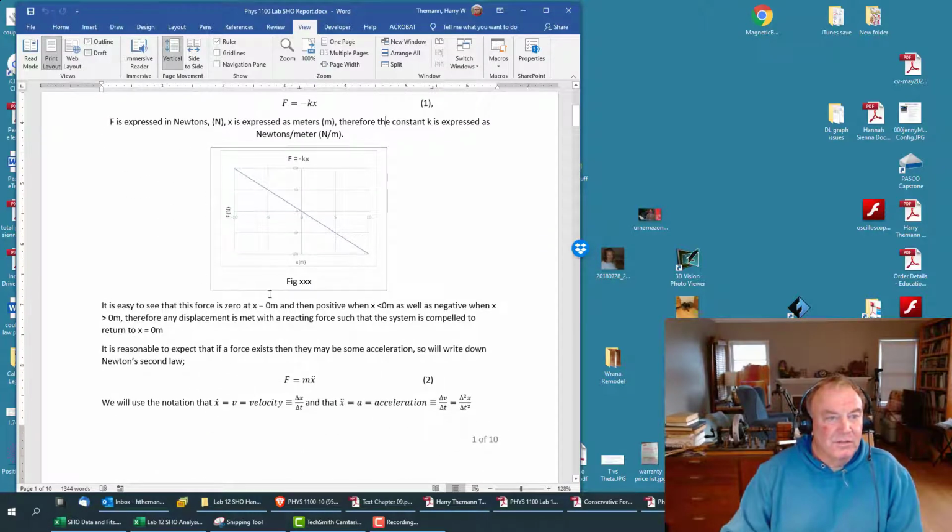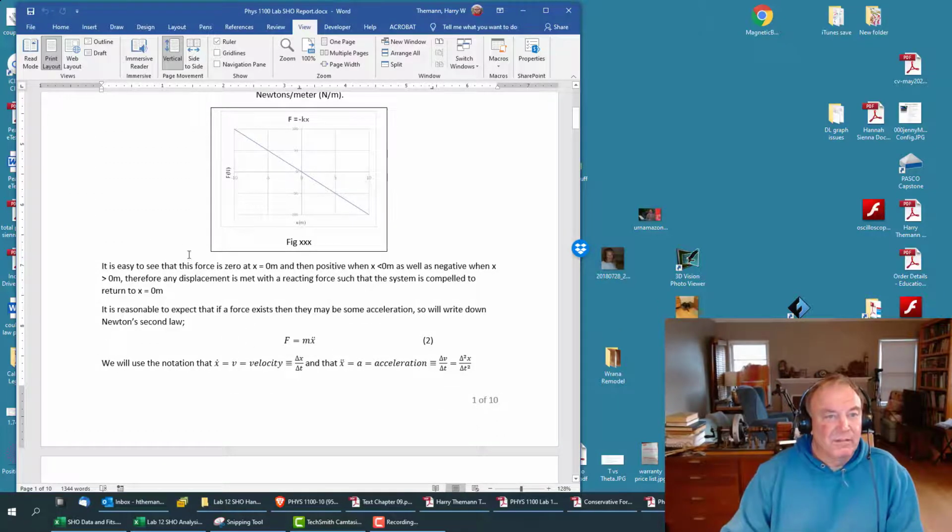And so we see at x equals 0, the force is 0. X is less than 0, then the force is positive, etc., etc. So then I say, look, if there's a force somewhere, a net force, we can reasonably expect there's going to be an acceleration.